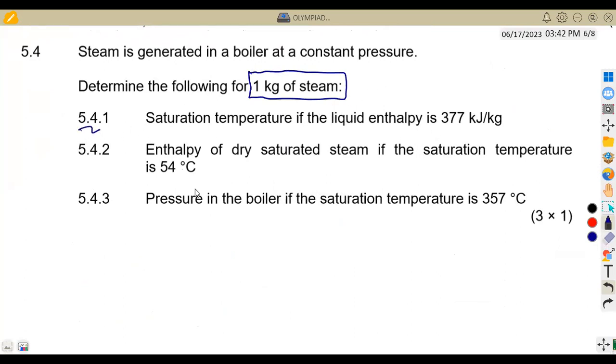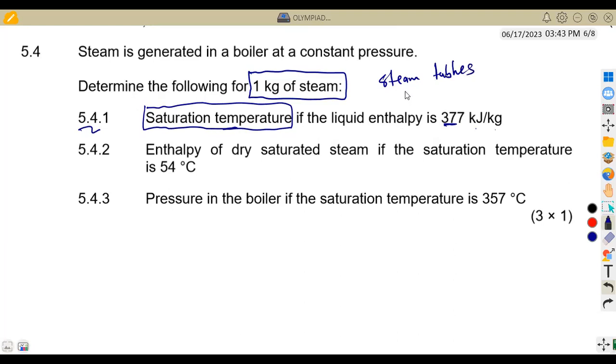In 5.4.1, we are given to determine the saturation temperature of the liquid enthalpy, which is at 377 kilojoules per kg. Take note, we are talking about saturation temperature, so this is an application where you are using the steam tables.